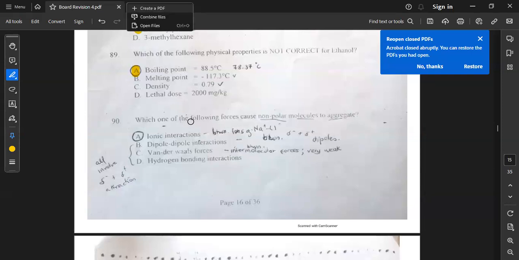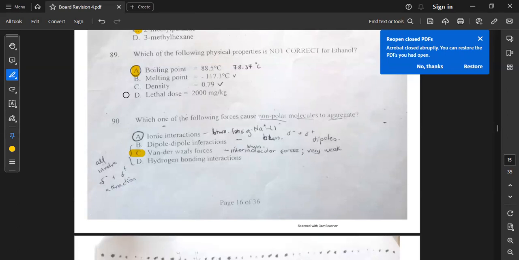It's saying the non-polar molecules can aggregate when they have weak hydrogen bonds. So it is van der Waals forces. With Shrina, you said they wouldn't aggregate if they had strong hydrogen bonds.